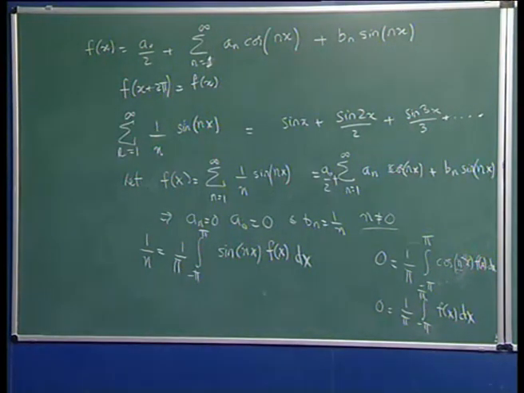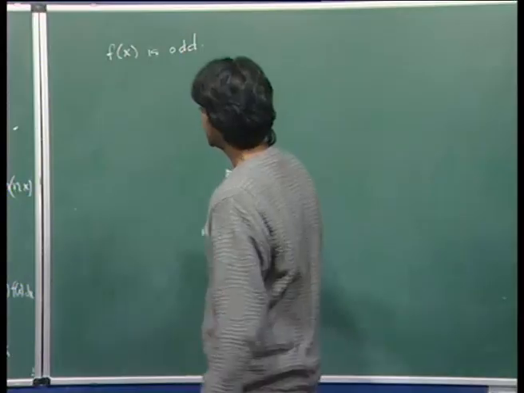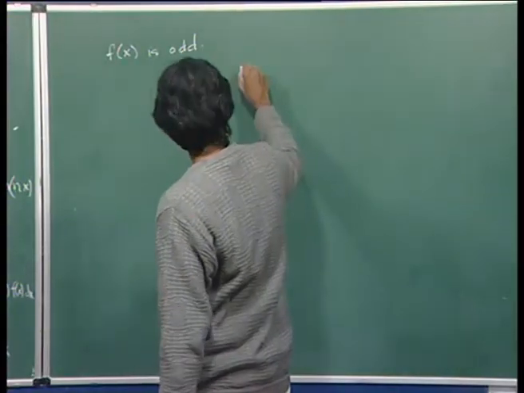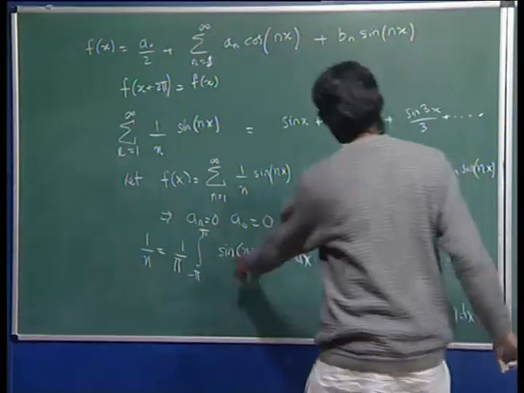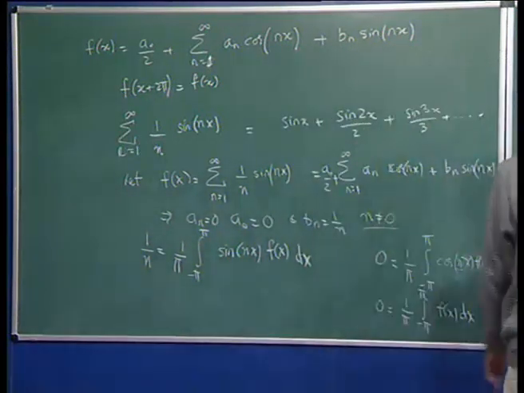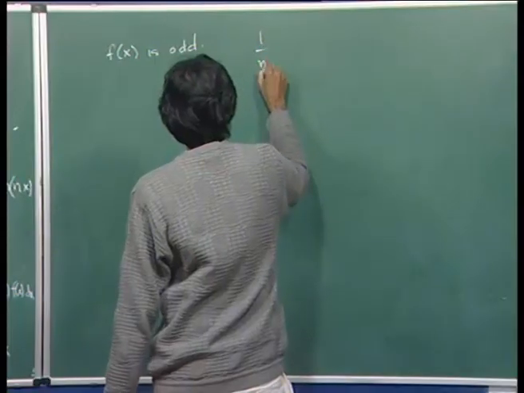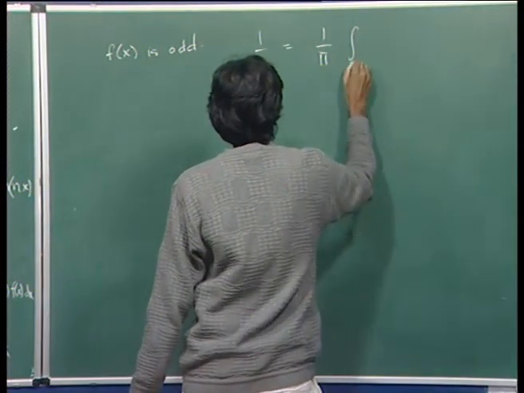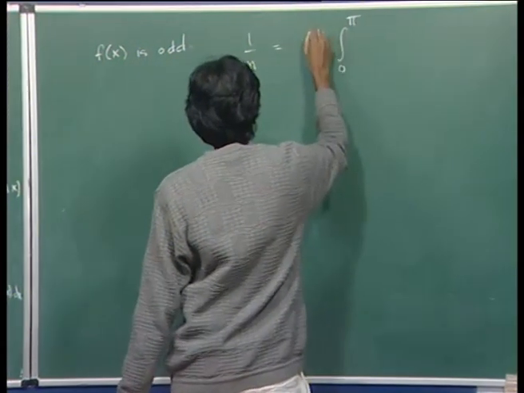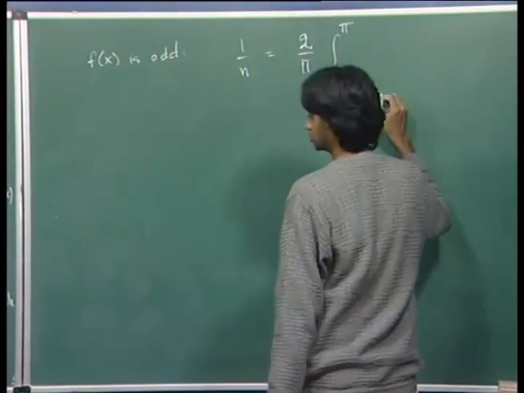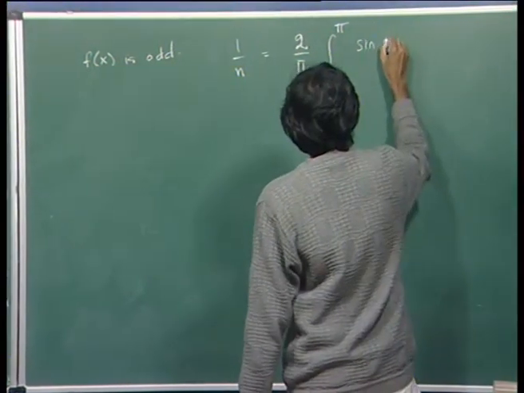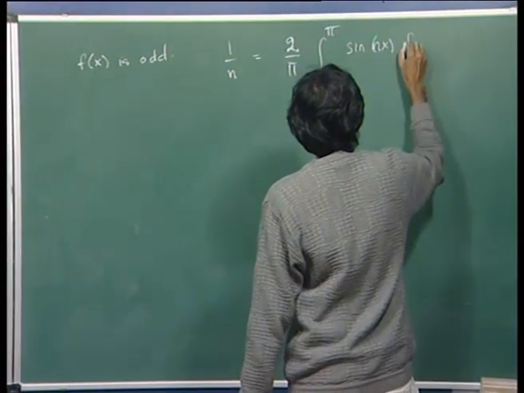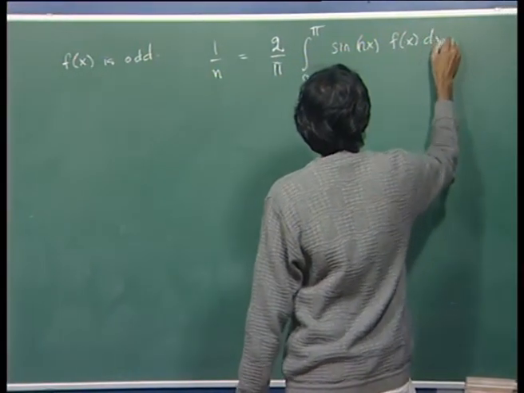Now, since sine is also an odd function and f(x) is also odd, I can write 1 over n is equal to 2 over pi integral 0 to pi of sin(nx) f(x) dx.